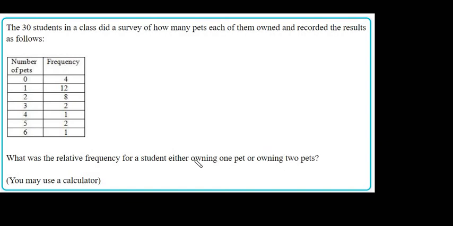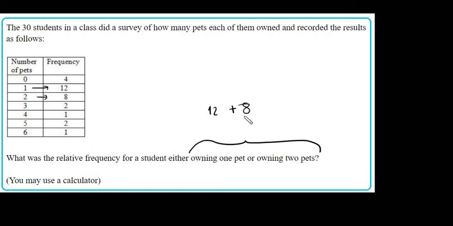So in this case, as you see, owning 1 pet or 2 pets, we just add the frequency for 1 pet, the number of students having 1 pet. So it is 12, right? 12 plus, how many own 2 pets? 8, right?